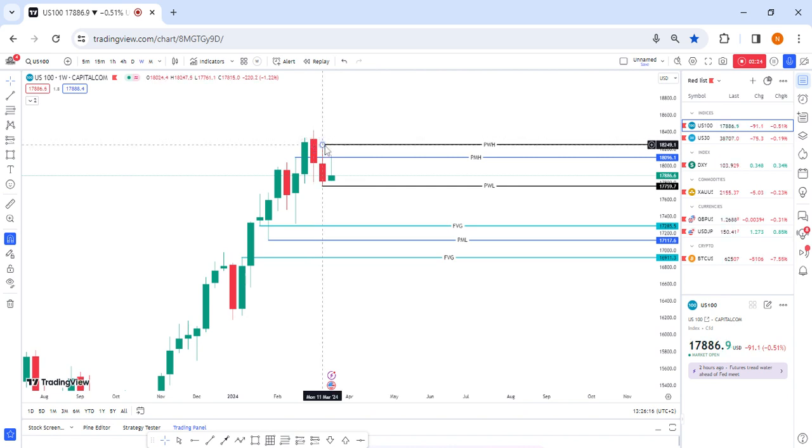From the previous weekly high, we can see that price might be looking to break this previous weekly low and then push to the downside into this fair value gap on the weekly time frame.